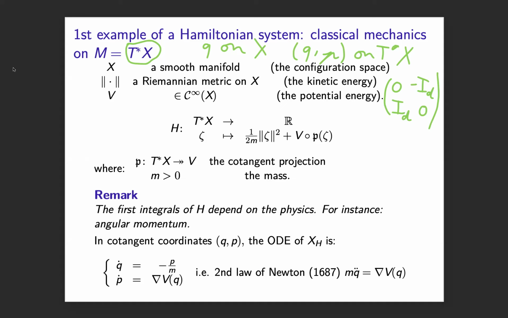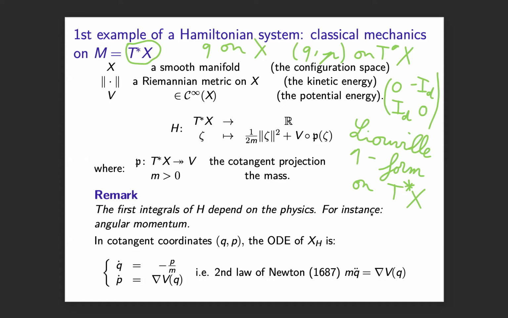So if you want an intrinsic construction of this symplectic form, you can look at the Liouville one form on T star X. The Liouville one form is more or less just a transpose of the differential of the cotangent projection.